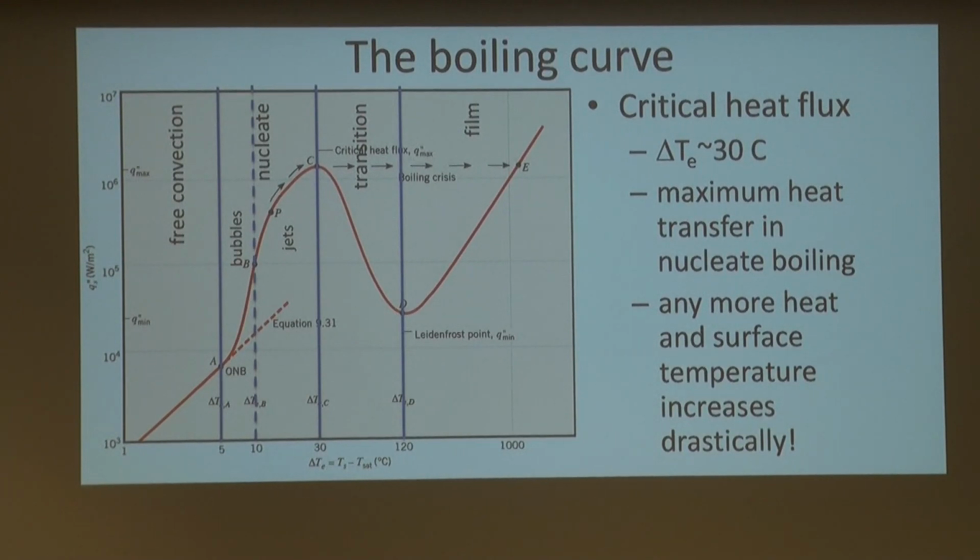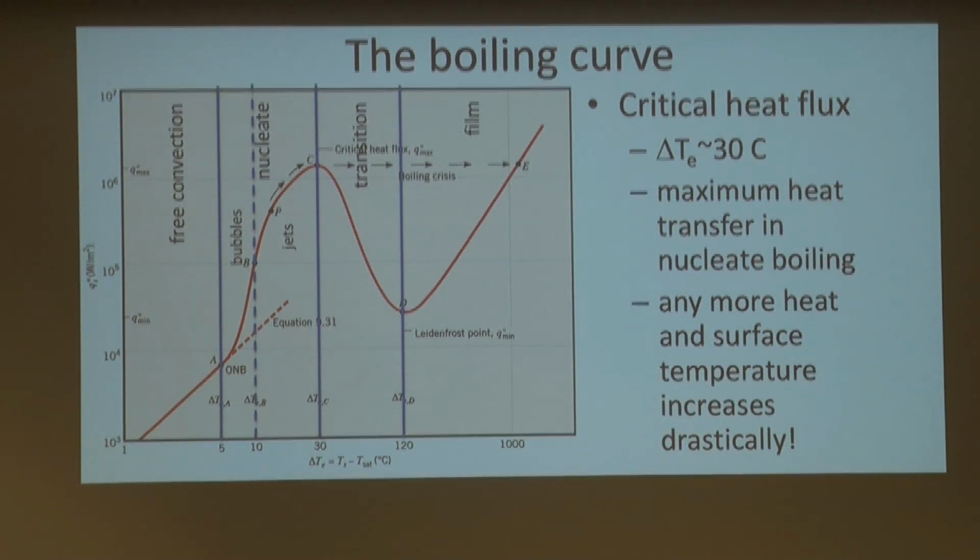It's not that a little bit more, a little bit more, a little bit more, and all of a sudden you jump across this maximum. So this is a very, very important concept. The one take-home point of this whole class of today is this jump in surface temperature when you're about to exceed the maximum heat flux, the critical heat flux.